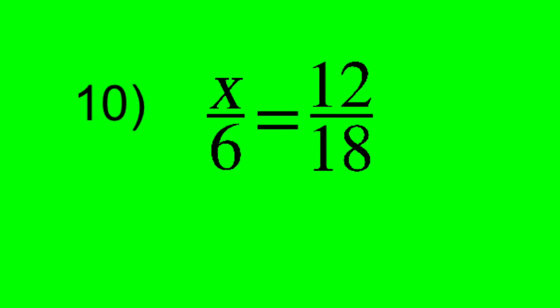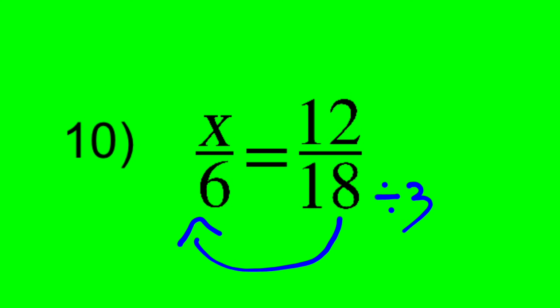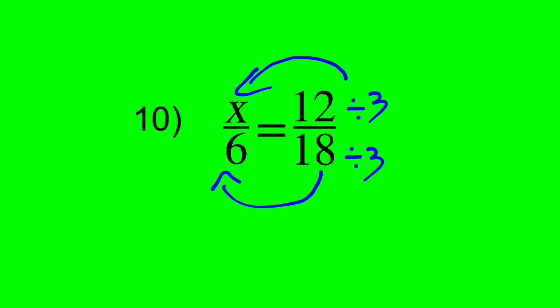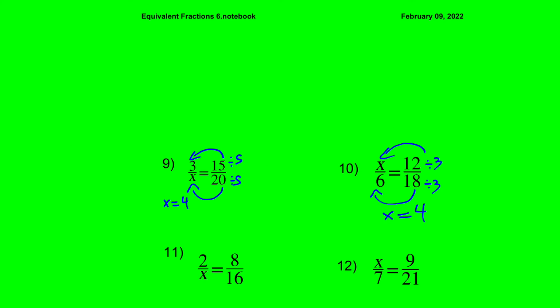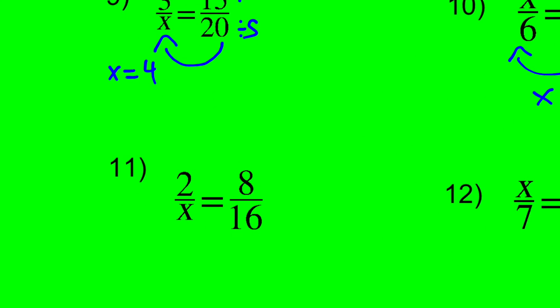This one here, to go from 18 to 6, I divide by 3. So to go from 12 to x, I also divide by 3. And so that means x is equal to 4. All about division facts on this one, multiplication and division.